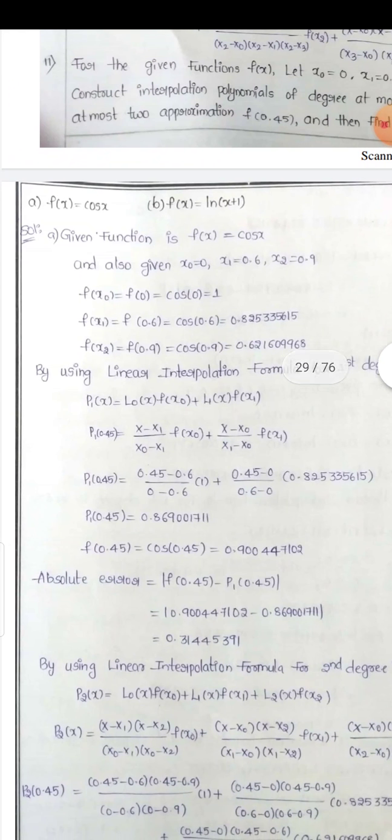Absolute error is equal to mod of f of 0.45 minus P1 of 0.45, which is equal to mod of 0.900447102 minus 0.869001711. This is equal to 0.031445391.